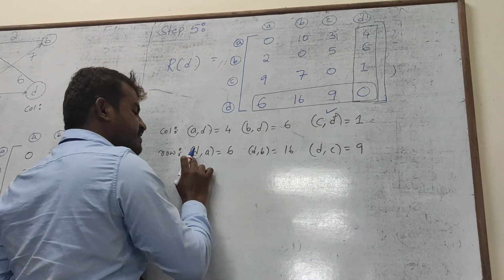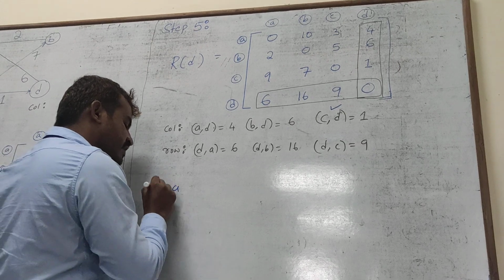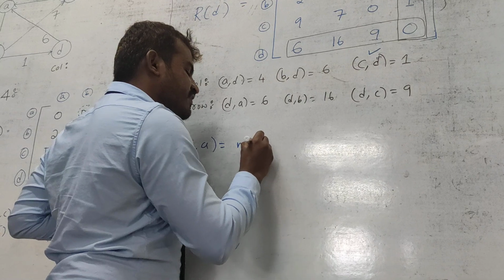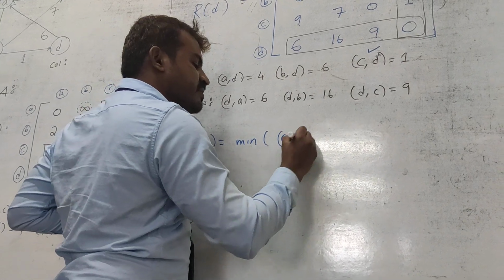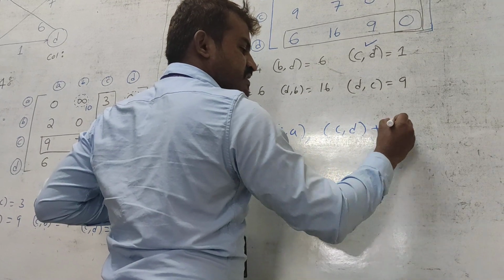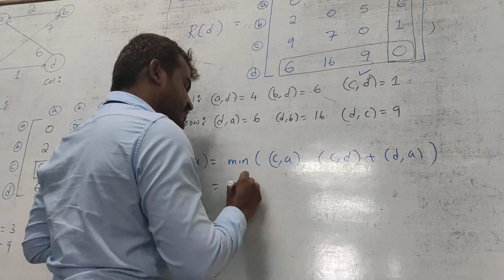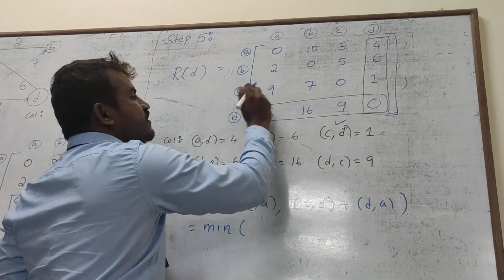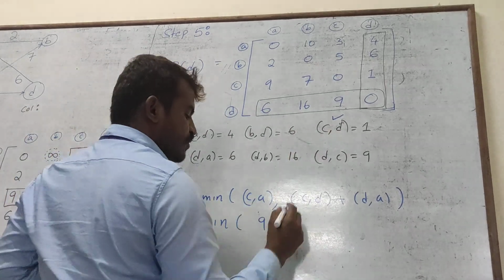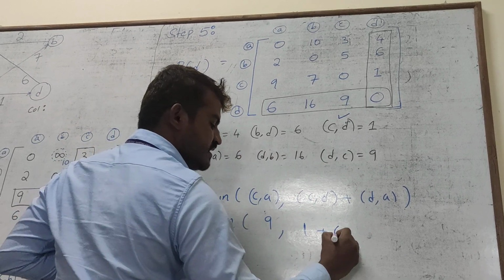C to D with the D to A, consider C to A. If you make that combination, the minimum of C to A is C to D plus D to A. The minimum of C to A is 9; C to D is 1 plus D to A is 6.